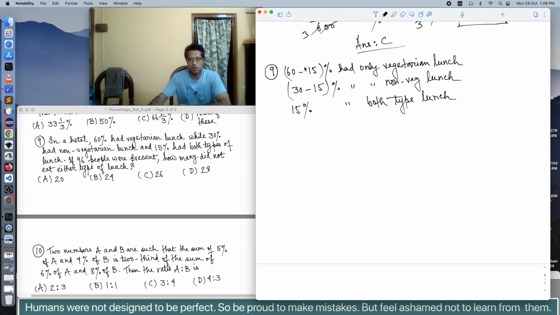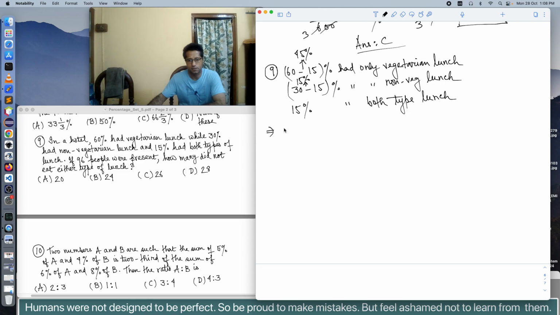Now 60 minus 15 is 45%. 30 minus 15 is 15%, and also we have 15%. So 45% had only vegetarian lunch, 15% had only non-vegetarian lunch, 15% had both types of lunch.